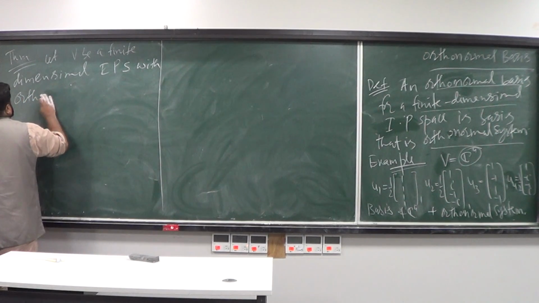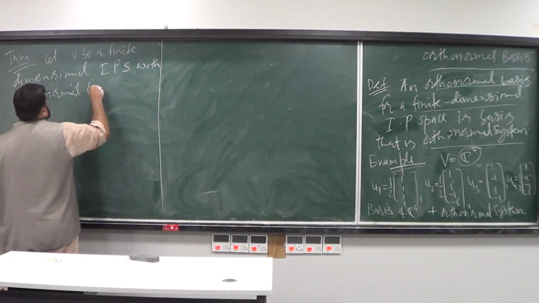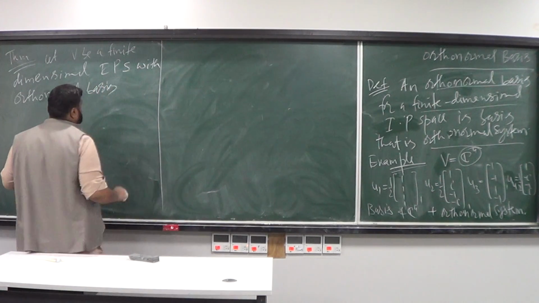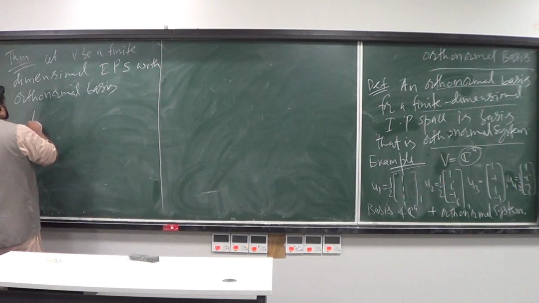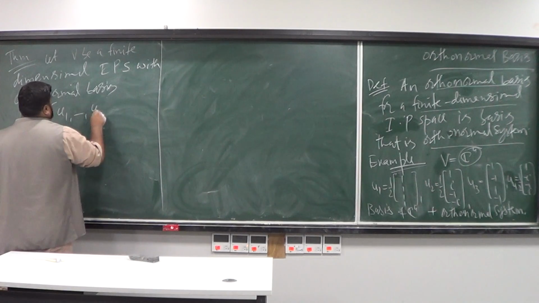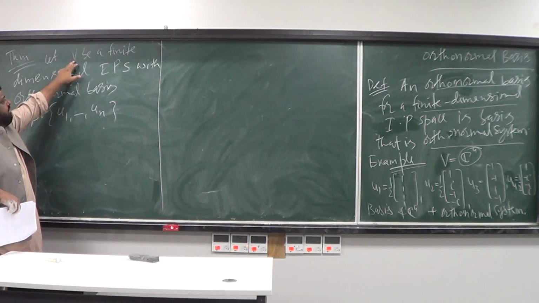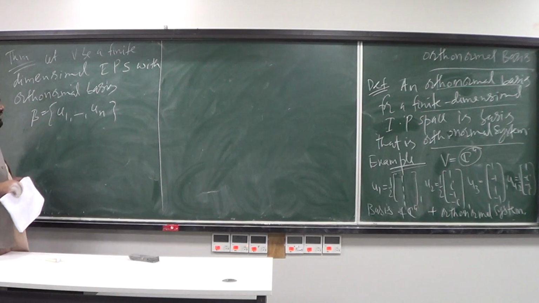Let's assume that I have an orthonormal basis, say call that basis beta, that comprises n vectors u1, u2, un. So these vectors form an orthonormal system, and they are a basis for the vector space V as per definition.